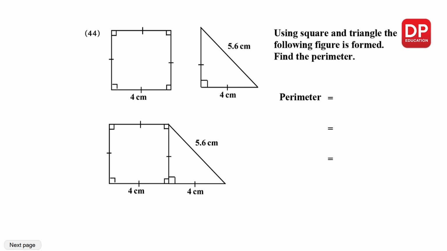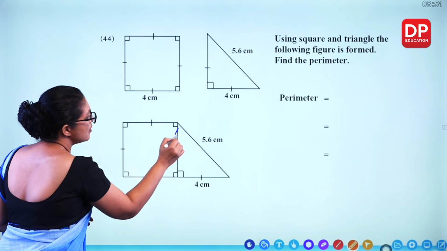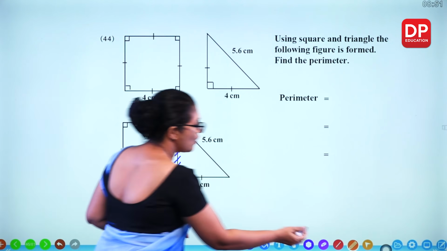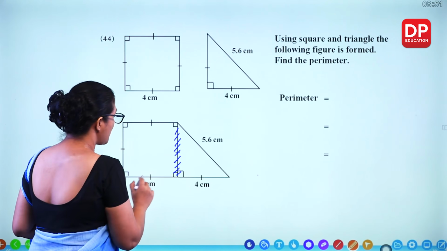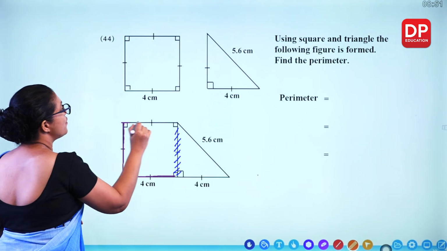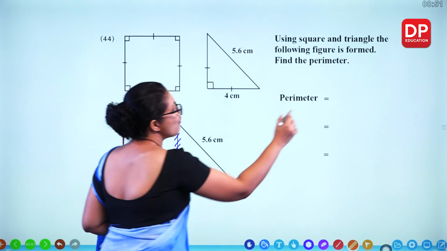Using square and triangle, the following figure is formed. Find the perimeter. So this is the combined one. So don't take the inside length. So how do we find out the perimeter? How many 4s are there? 1, 2, 3, 4. 4 4s.